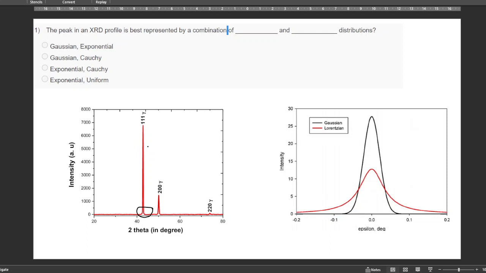And if you take the Lorentzian fit, it's giving a somewhat broader base, but the sharp peak is not attained in the case of Lorentzian, though it also gives a somewhat close fit. If you take these peaks, they can be best fitted using Lorentzian.